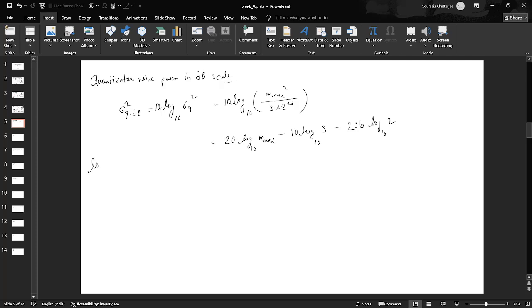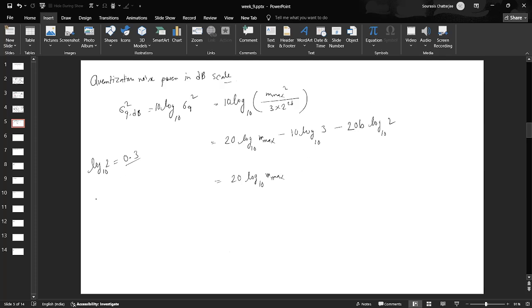Now let's put the standard value of log base 10 2, which is around 0.3. It's actually 0.301, we can approximate it at 0.3. If I put it there, we'll get 20 log base 10 m max, by the way.